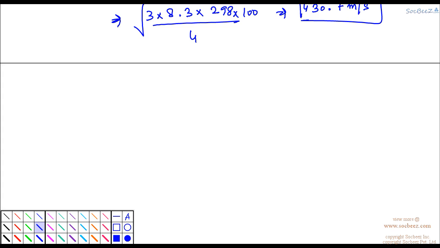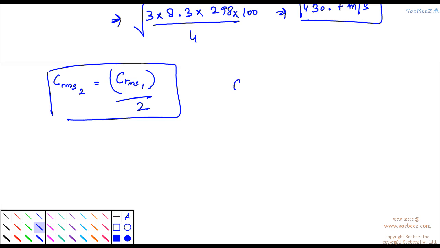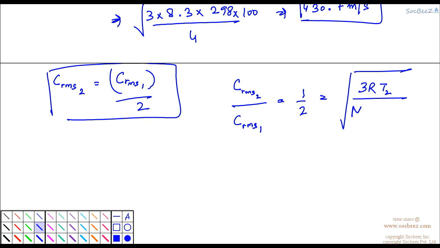Okay, now the second question was, at what temperature the CRMS would become half of this value. So we are dealing with CRMS 2 being CRMS 1 upon 2. This is what we are interested in. Okay, so we can say that CRMS 2 upon CRMS 1 is basically half, which equals root of 3R T2 upon M over 3R T1 upon M. We can see 3R cancels out, M and M cancel out.